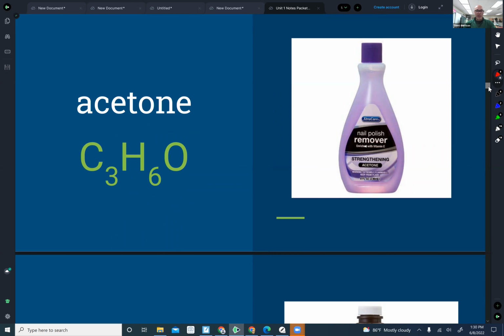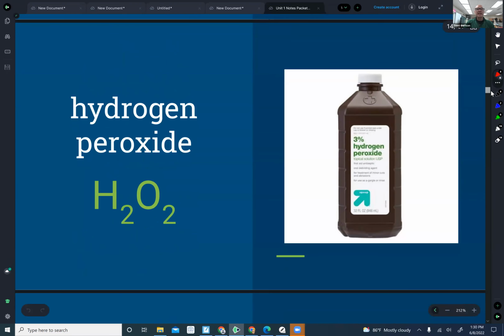Acetone. If you happen to paint your nails, you will know that eventually you have to remove the nail polish. And one of the products that does that is acetone, C3H6O, one oxygen. Unnecessary for us to put a little one beside it. If we write the letter, it's there. Hydrogen peroxide. It's a cleaning solution that we use whenever we have wounds.